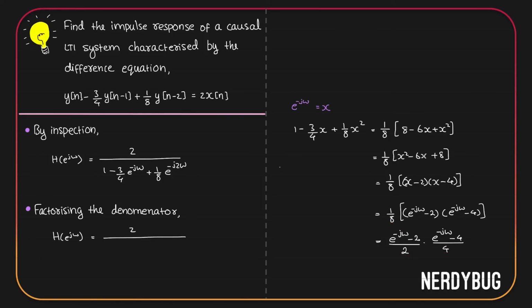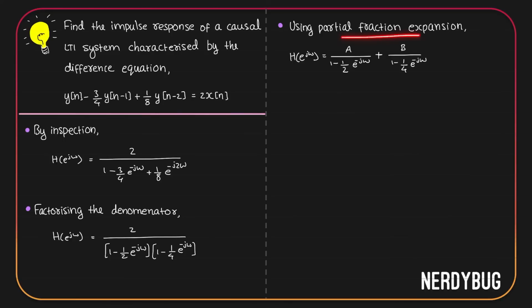Then we get 1 by 2 e raised to minus j omega minus 1 into 1 by 4 e raised to minus j omega minus 1. Or we can write 1 minus 1 by 2 e raised to minus j omega multiplied by 1 minus 1 by 4 e raised to minus j omega.